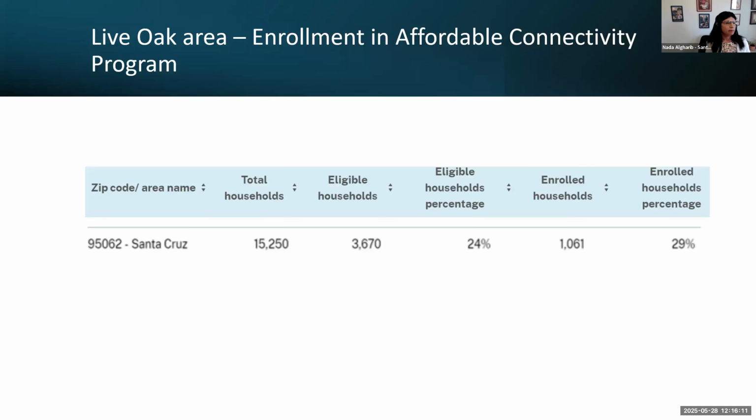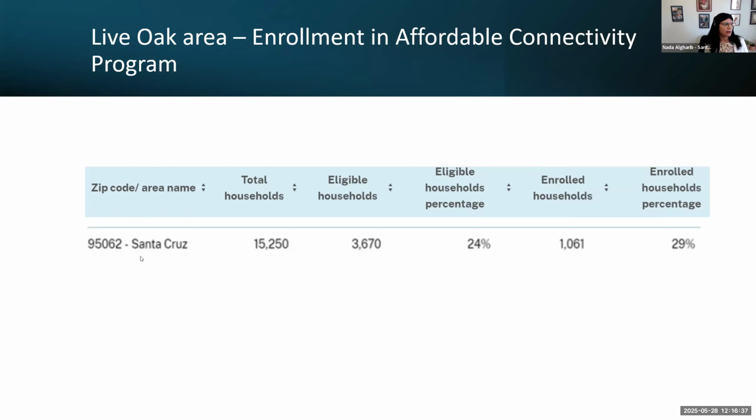And this is the data. I had some data from an affordable connectivity program that was collected. Why I selected this area is that I had some data: 40% of all Santa Cruz County households are eligible for the affordable connectivity program.